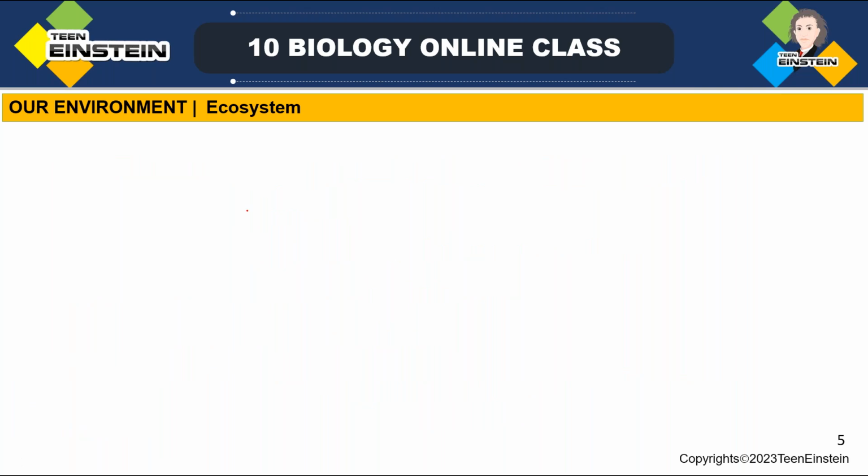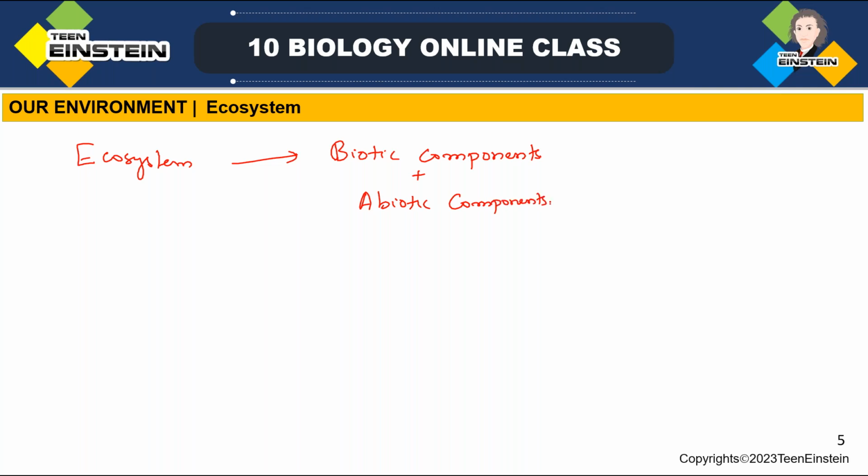So what will we write here? Ecosystem. This ecosystem consists of biotic components and abiotic components.